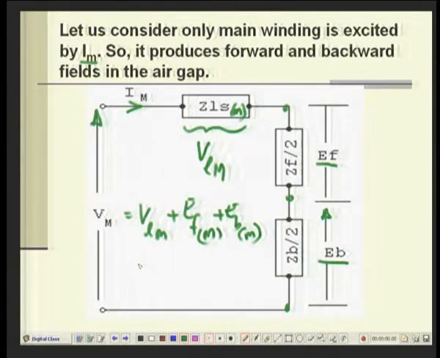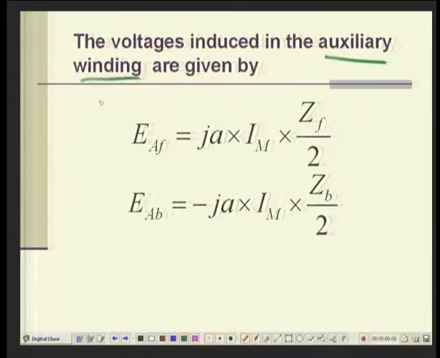So the field will induce a voltage in the stator winding, which is compensated by the supply voltage. So KVL will work. Now, the field which is inducing that voltage in the main winding will also induce a voltage in the auxiliary winding. The same forward field which produced Em will produce a voltage that, since it is ahead, will be j times that voltage in phasor position.